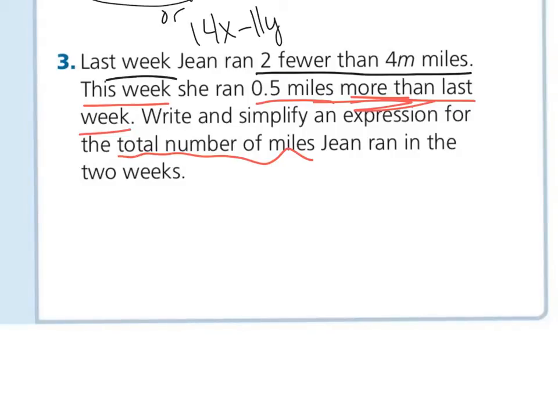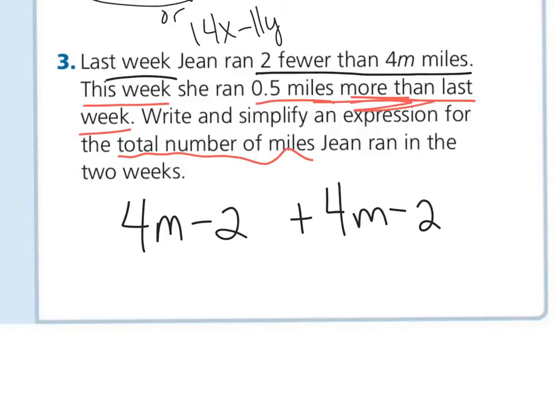So last week, 2 fewer than 4m would be 4m minus 2. We start with 4m and take 2 away from that. This week she ran 5/10 miles more than that. So we'd start with the 4m minus 2, but then we add 5/10 to that. So that would be our starting expression, and then we would just be simplifying.